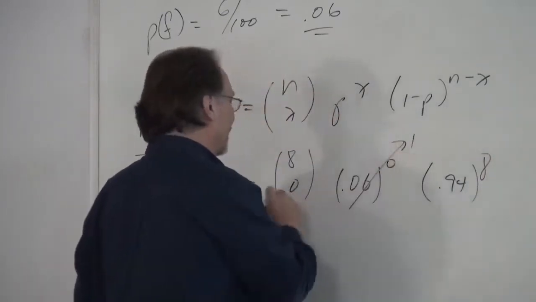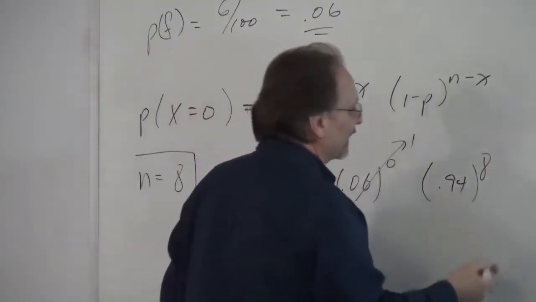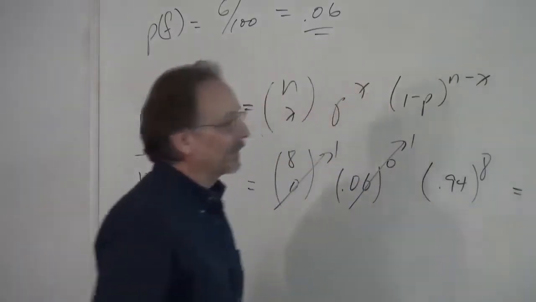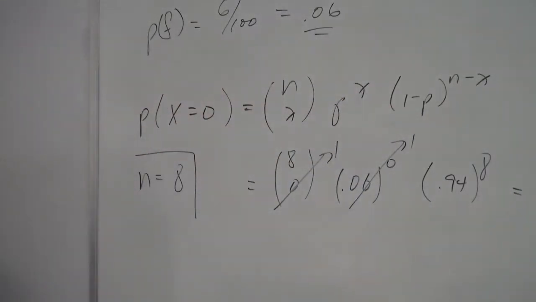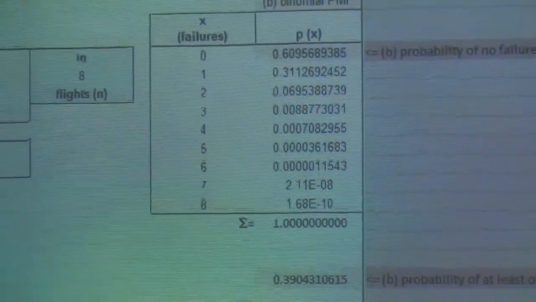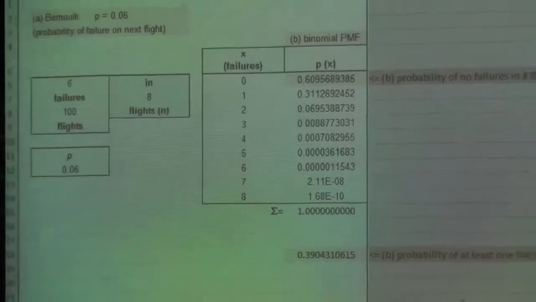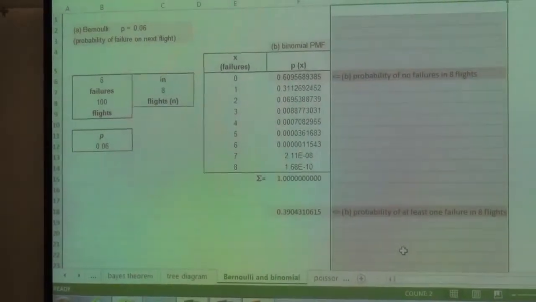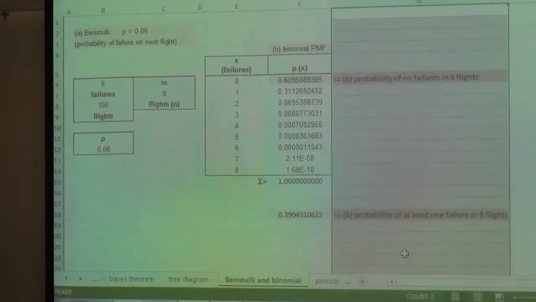So that goes to 1, that goes to 1, and 0.94 to the 8 is essentially 0.61. Since we have a relatively low probability of failure, it makes sense that we could do 8 flights and still have better than a 50-50 chance of not having any failures.